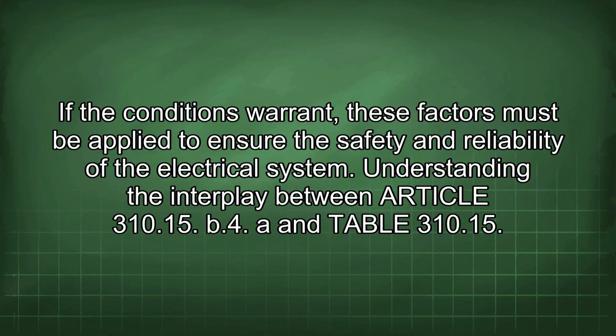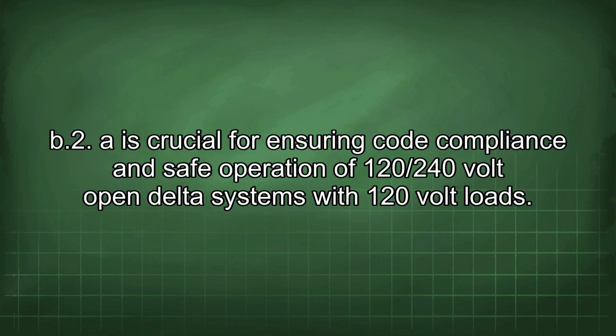Understanding the interplay between Article 310.15(B)(4) and Table 310.15(B)(2) is crucial for ensuring code compliance and safe operation of 120/240-volt open delta systems with 120-volt loads.